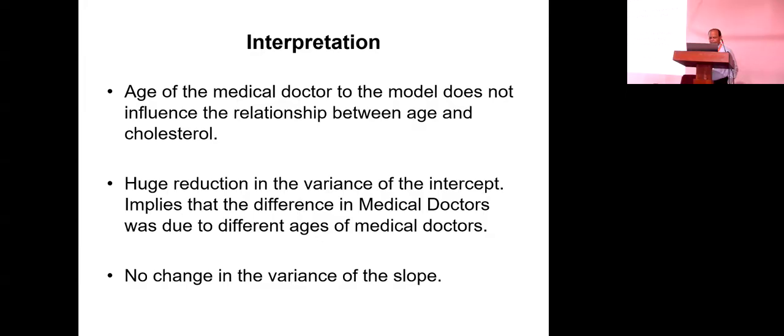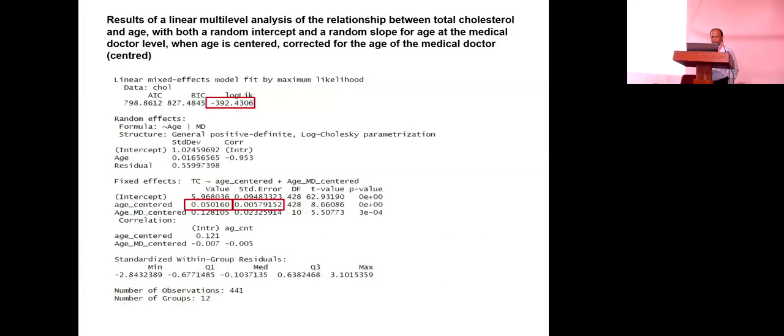This is another thing we wanted to tell you about. See here, this is age of the doctors. I told you that this is the only analysis in statistics which allows you to bring in different level covariates. The age of the doctors, experience of the doctors can be modeled into the analysis at the higher level. At the lower level, age and cholesterol was modeled.